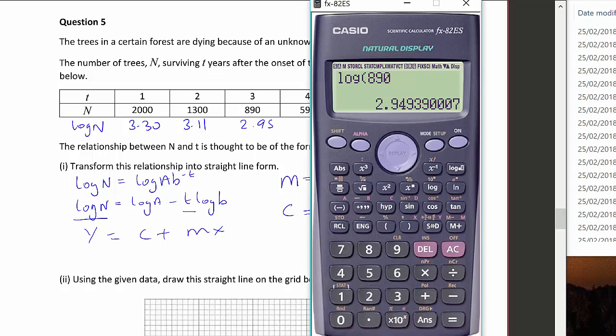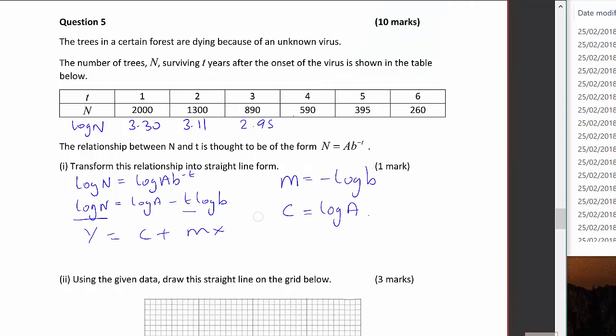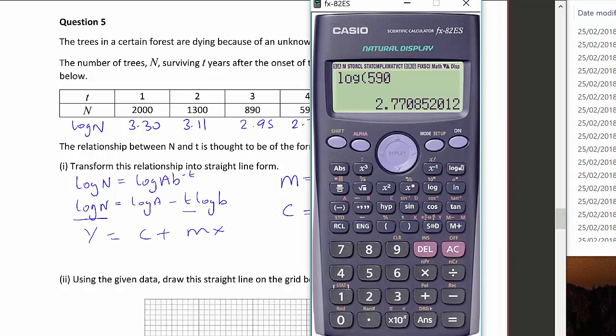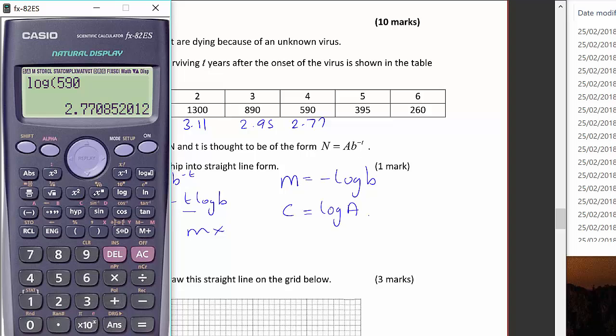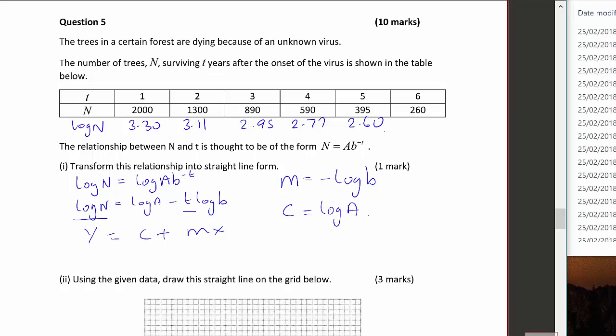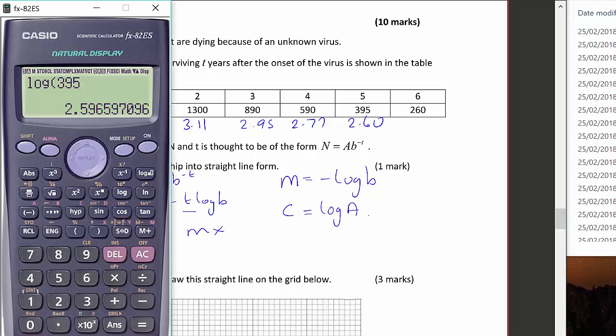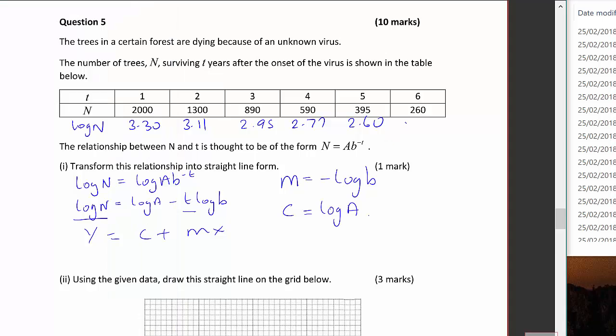Log of 590, 2.77. Log of 395, 2.60, and log of 260, 2.41.